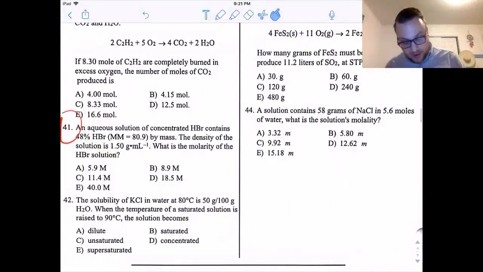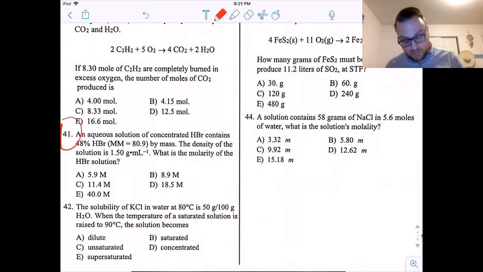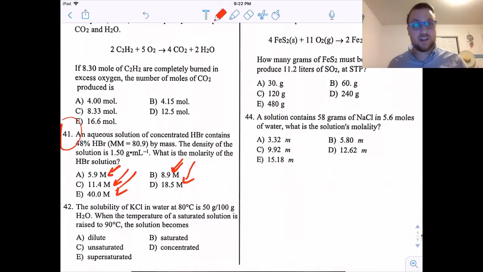You know molarity is moles per liter. If it's moles per liter, 1 liter, you might as well just say, I have a liter of solution, because that's what molarity is by definition. So, moles per 1 liter, boom. I can do this entire problem now.